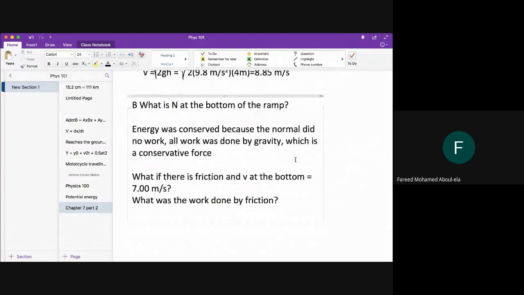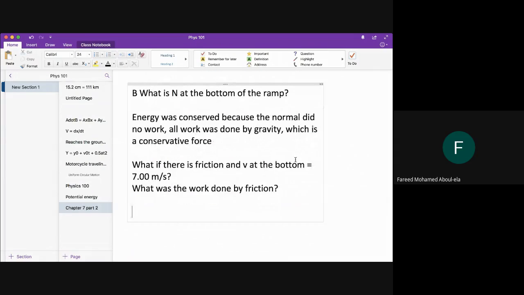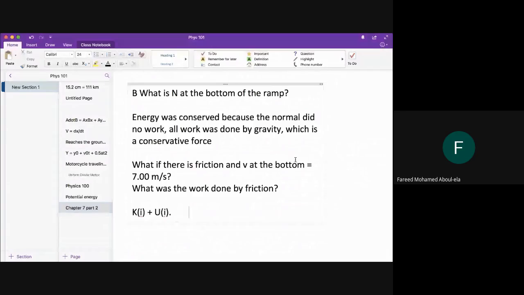Okay. We can use the conservation of energy, but taking into account that the total energy is not conserved because work is being done by friction. So we can write the equation like this. We take the initial kinetic energy plus the initial potential energy, and then if energy was conserved, we would set that equal to the final kinetic energy plus the final potential energy.